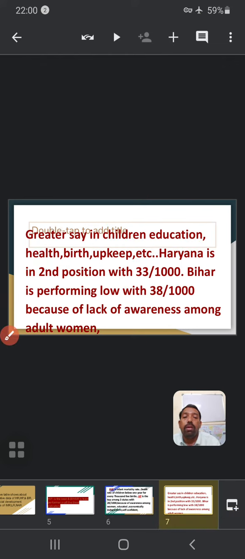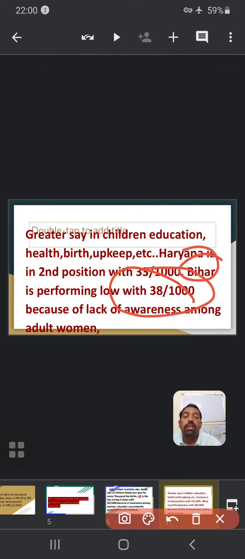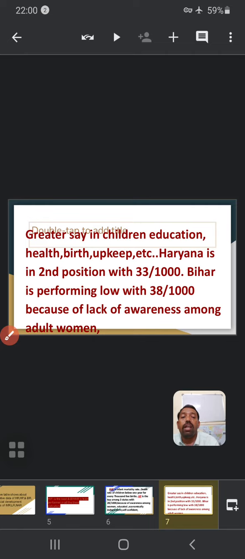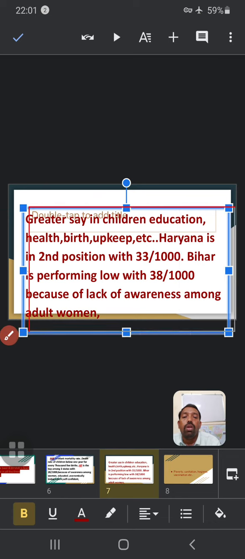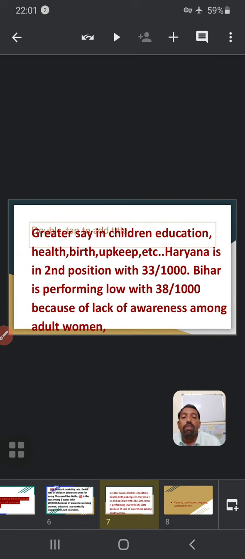Next, Bihar is again the least performer, with 38 for 1,000 live births. Why? The reason is again lack of awareness among the women, especially the adult women.